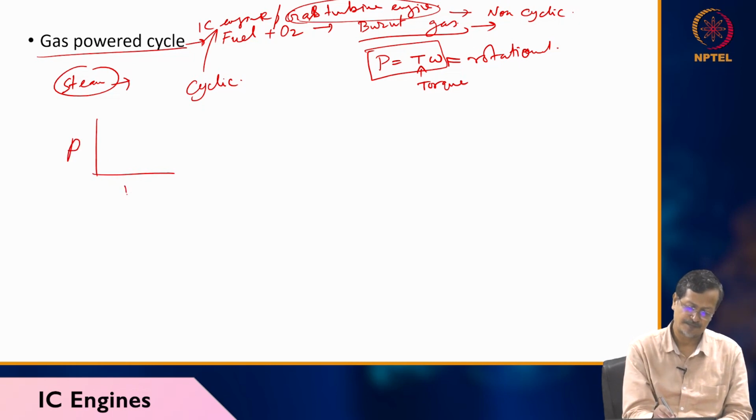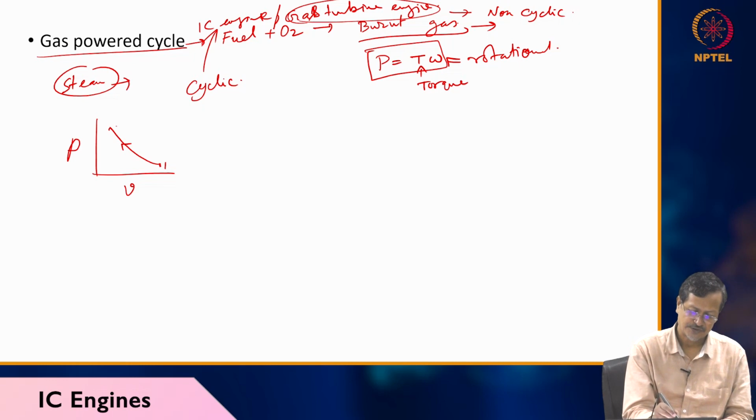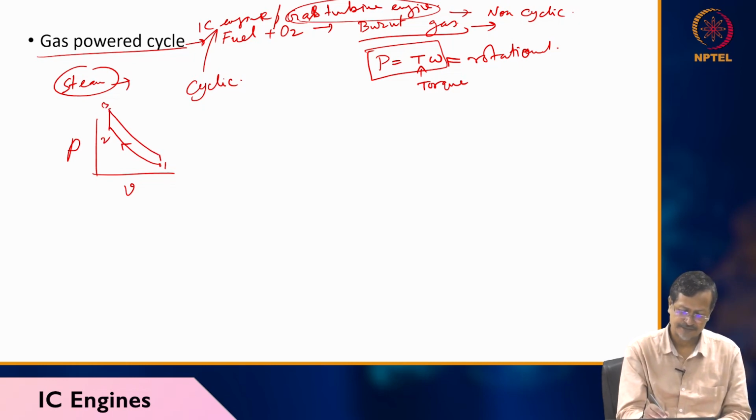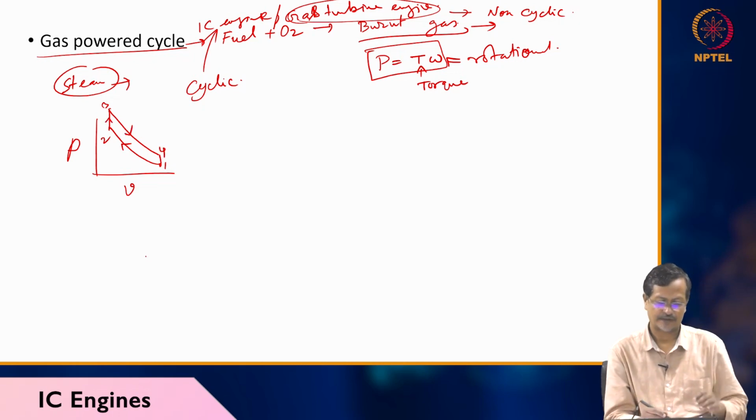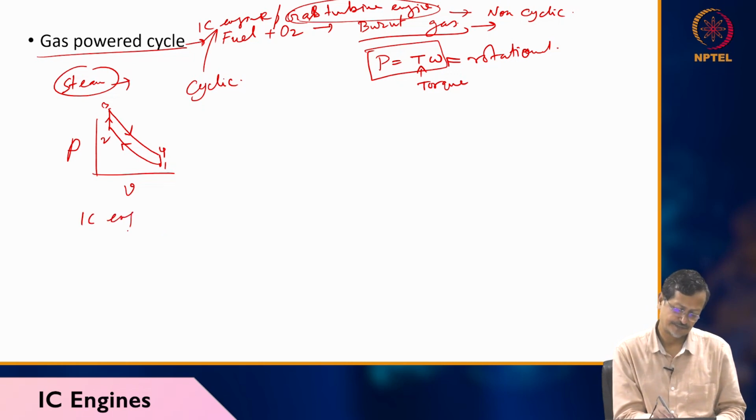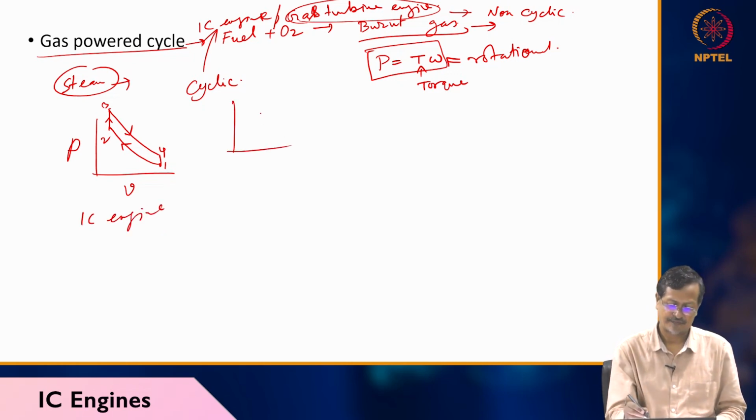If I draw the PV diagram, the process will happen like this in an internal combustion engine. Compression will happen, 1, 2, 3, 4. But if I see a gas turbine engine, that will not happen. Compression will happen, combustion will happen, and the cycle is not complete. 1, 2, 3, 4.